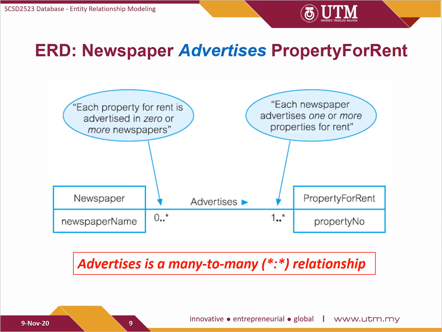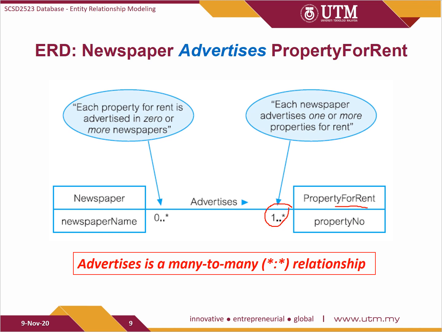And this is an ER diagram of the Newspaper Advertises PropertyForRent relationship. To represent that each newspaper can advertise one or more PropertyForRent, we place 1..* beside the PropertyForRent entity type.